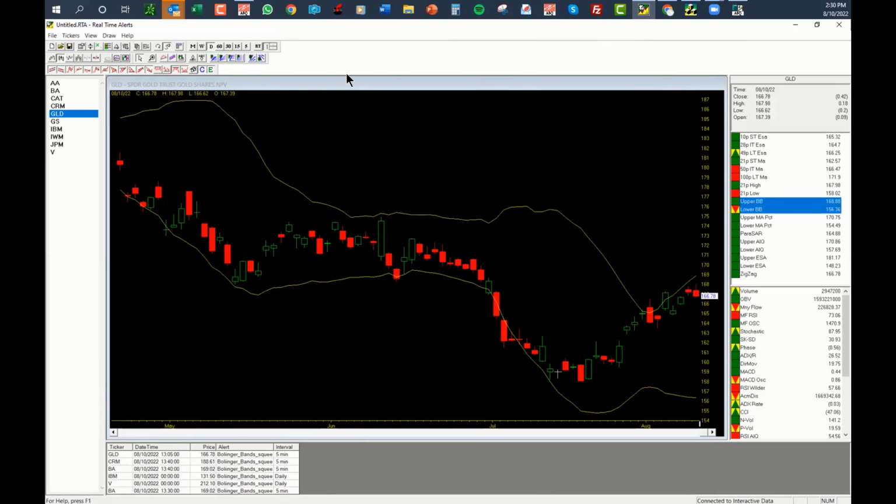So real-time alerts is a charting area that also has alerting built in. And the tickers, just like you do in regular charts, you can see a list of the tickers on the left here. And on the right-hand side here, we have the regular control panel. In this case, we've defaulted to a daily chart.